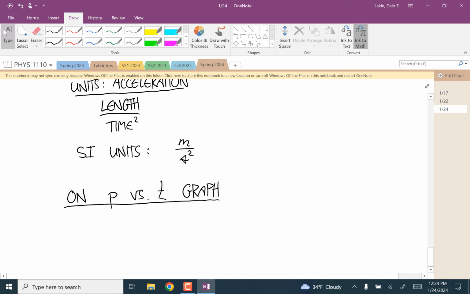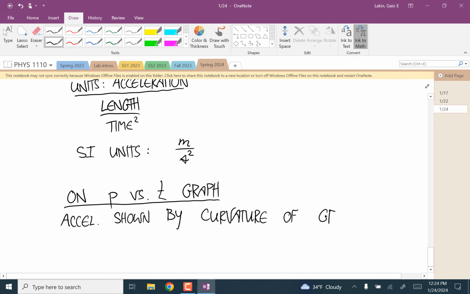The acceleration is shown by the curvature of the graph at the desired instant.